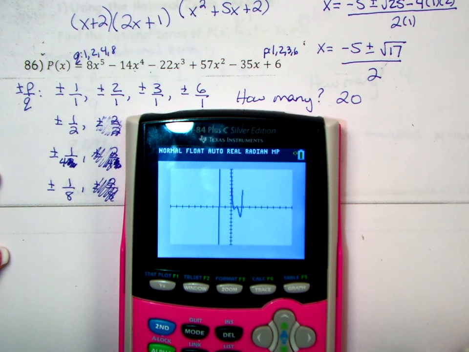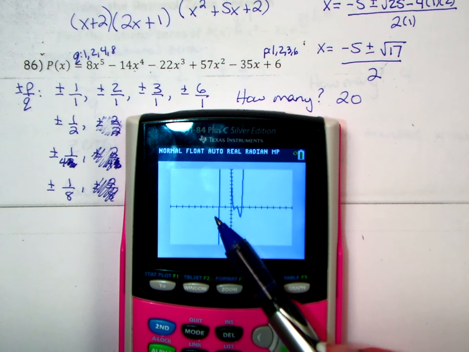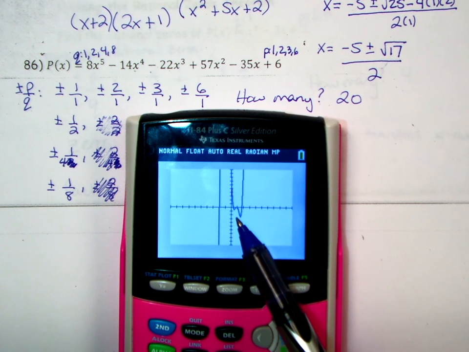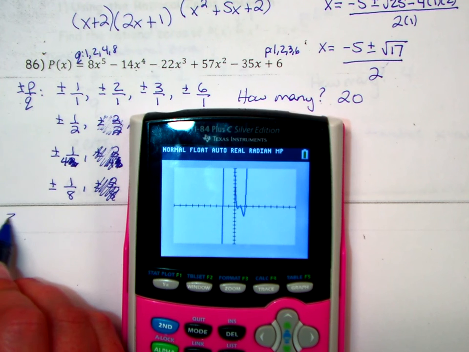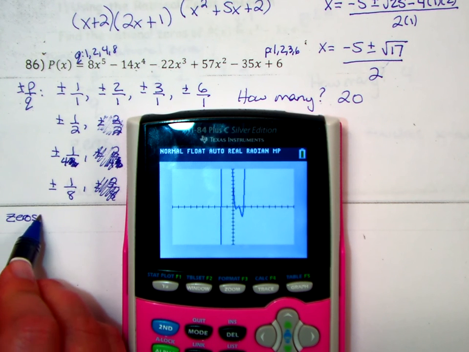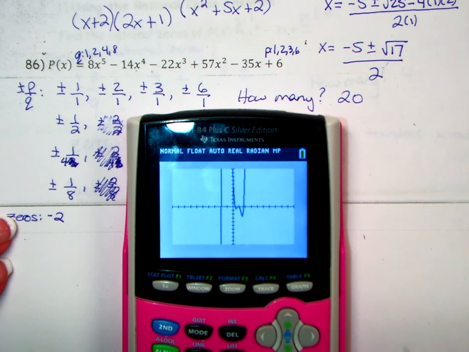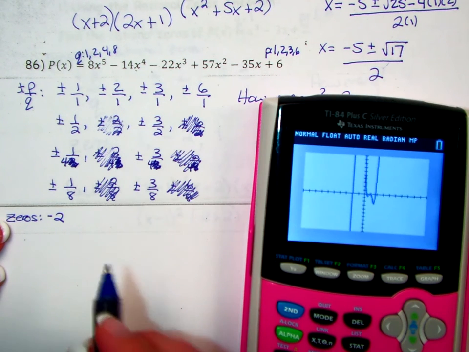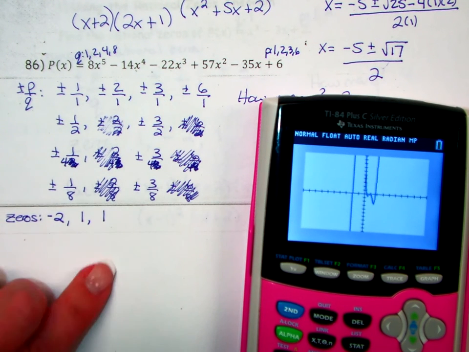One, 2, 3, 4, 5. All right. So if I count the touching twice, I have 1, 2, 3, 4, 5. Now, this one where it crosses at -2, I think that's a sure thing, okay? I am going to double check it with my table. And I think where it touches here at 1, that's a sure thing. And I think it works twice. Now I am going to double check that.